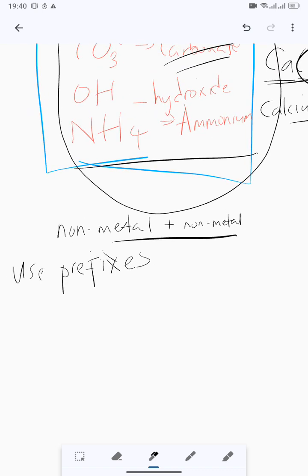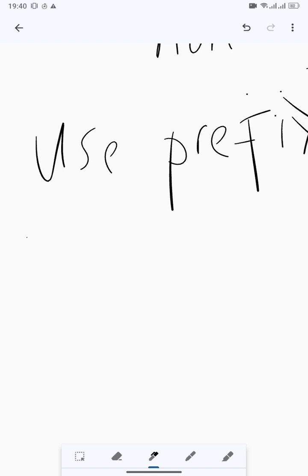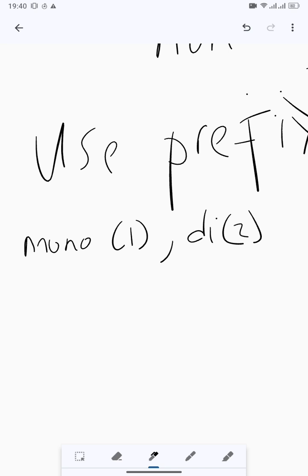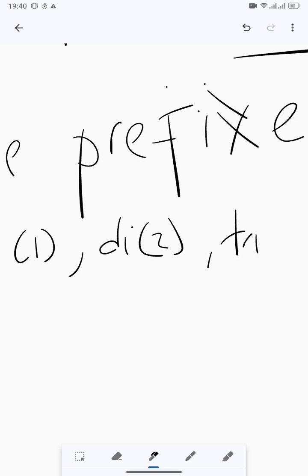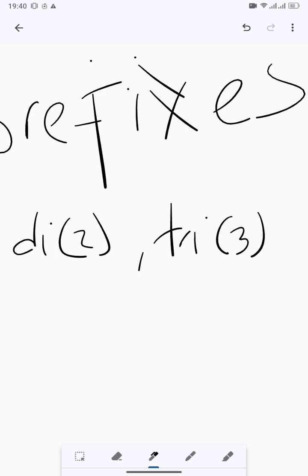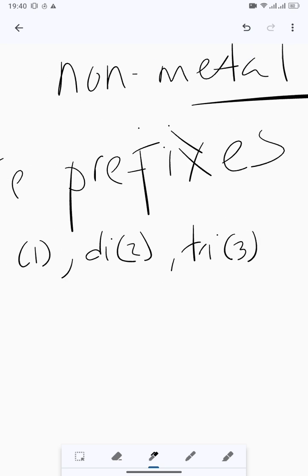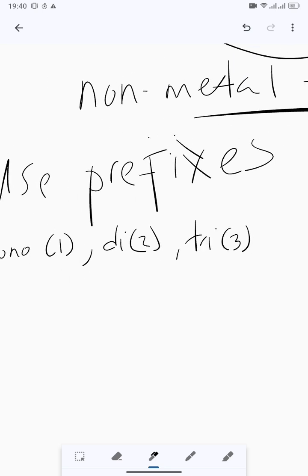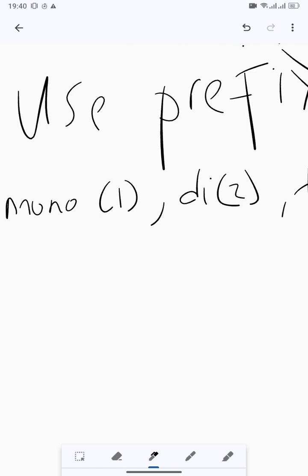For example, we use prefixes like mono, that means one; di, that means two; tri, that means three; and so on, or tetra, 4, penta, 5. So how will you name a compound with two elements?